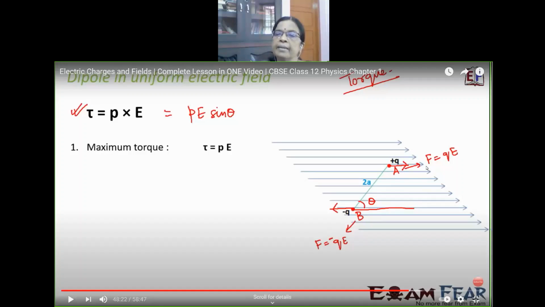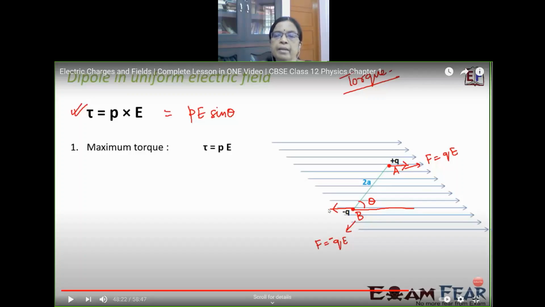So the positive charge will experience a force in the direction of the electric field. Not moving, it will experience a force. The negative charge will experience a force; tell me, which direction? Opposite to the direction of the electric field.